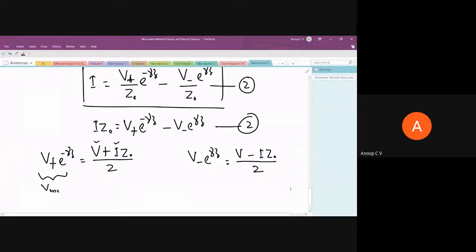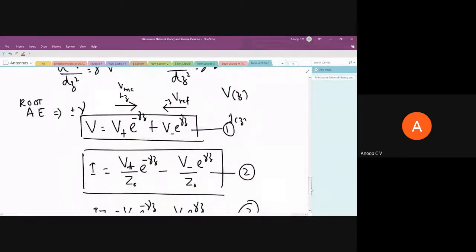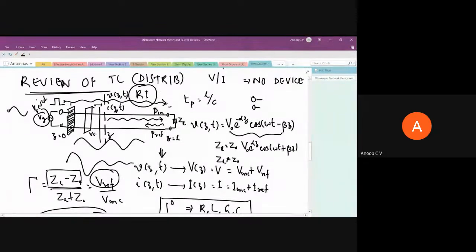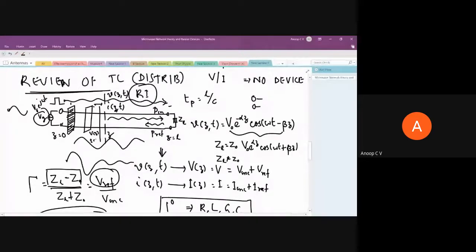So please keep in mind what I'm trying to do is relate this voltage and current with A and B, right? At any given distance z, there will be some voltage V of z and current I of z. These V and I are used in the Z, Y, H, A, B, C, D parameters.